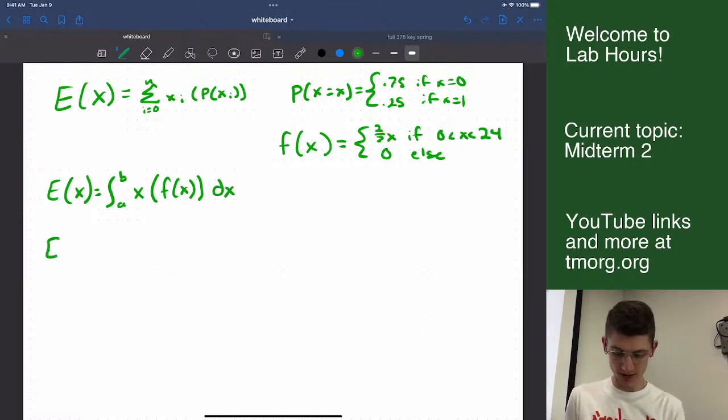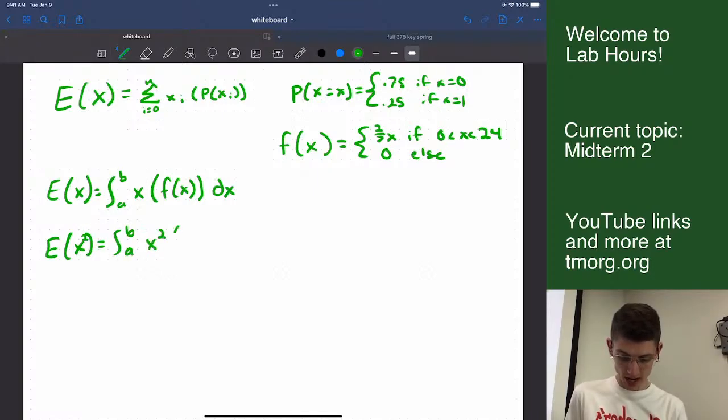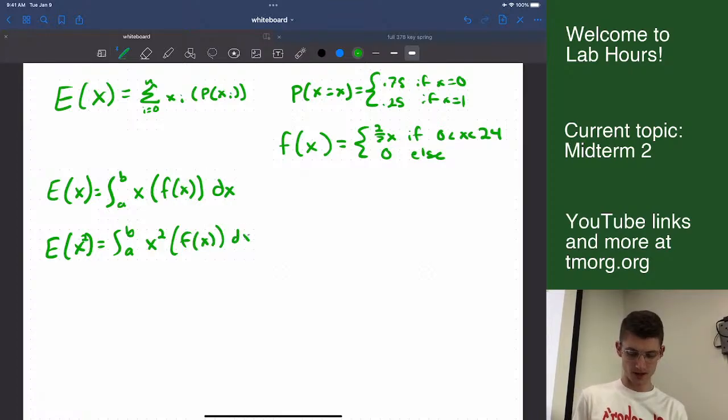And so the expected value of x squared is going to be the integral over the bounds of x squared times the probability of seeing that piece of x squared, right? That's, again, the same thing, but instead of using a sum and having discrete values like x equals 0, x equals 1, now we're going to do an integral over all of the possible values of x that occur within a certain range.